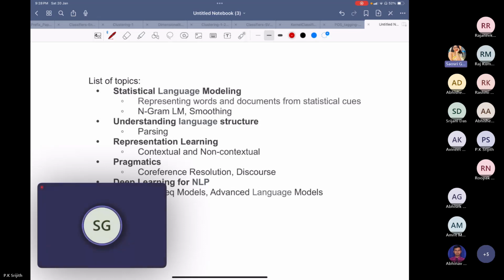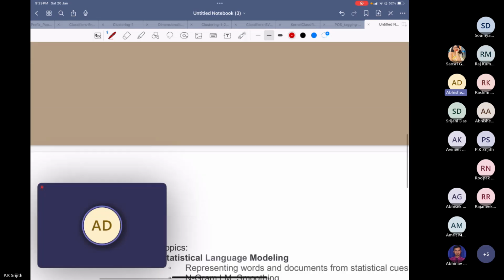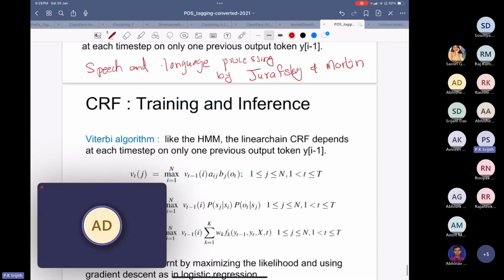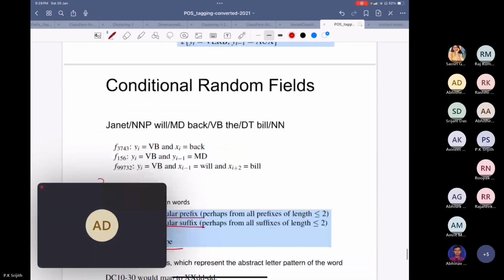Got it, sir. Please upload the PPT so that I can refer to it. Sure. And sir, can you please save those annotations or writing so that we can even refer to them? While saving the PPT, if you can save those writings. Sure, I can share that.